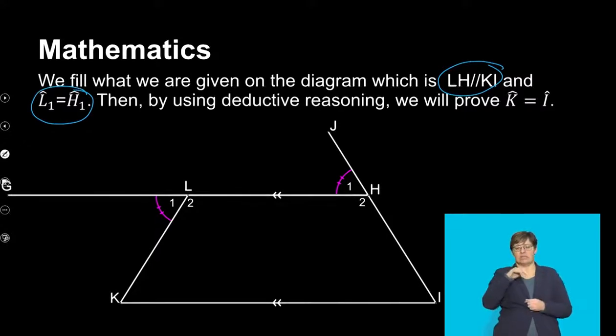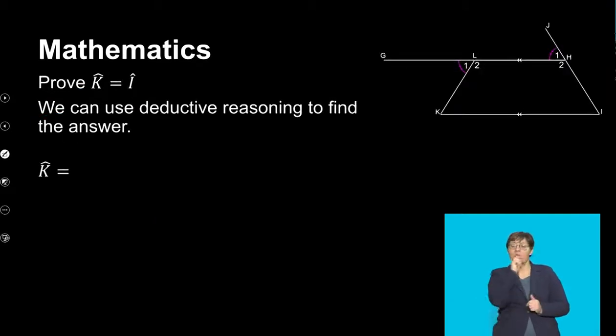So even if we're not really told that, we would know that those are the two parallel lines, since this is a trapezium. Now, to use this, we need to try and link K with something that will, at the end of the day, help us to show that K and I are equal to each other. So what do I know from this diagram?